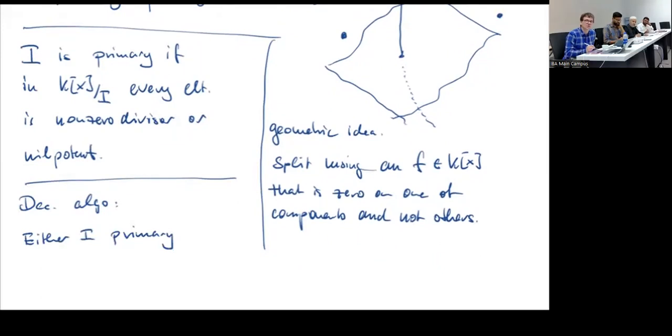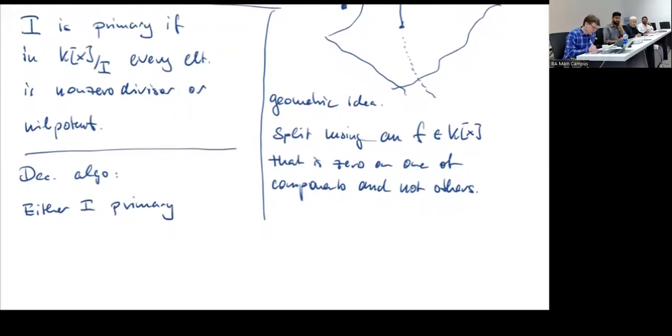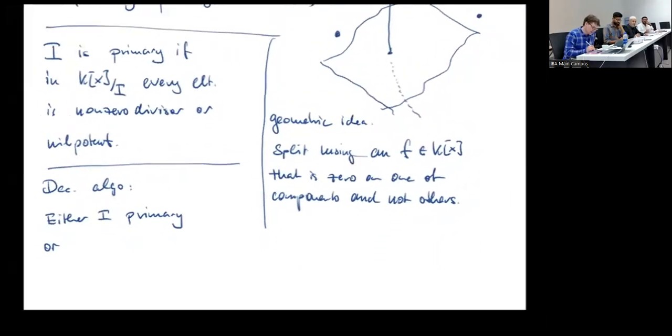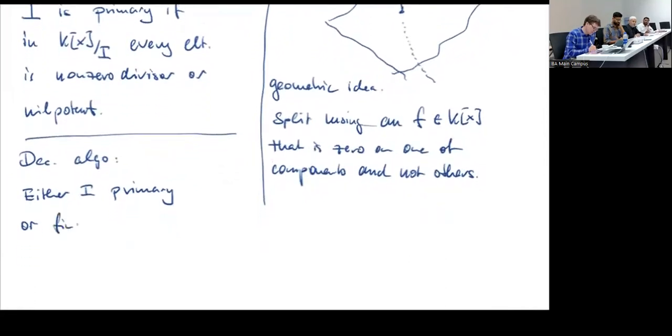You output I, or you find this F in the quotient that is not nilpotent and not a zero divisor. Find F, a zero divisor on the quotient, that is not nilpotent.